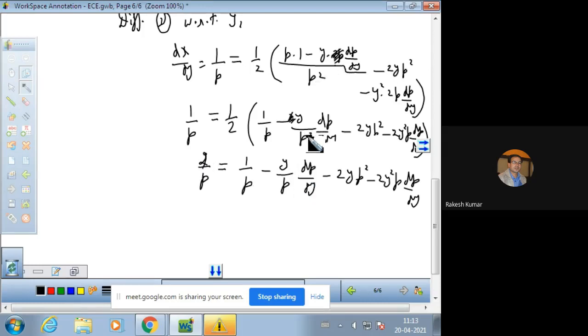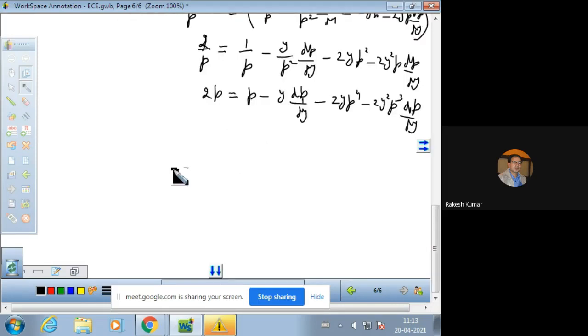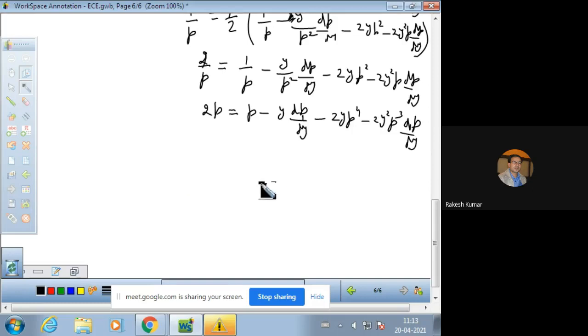sorry, this is p square, this is p square. P square can be taken as LCM, so here it will be 2p is equal to p minus y dp over dy, and that will be minus 2y p to the power 4 minus 2y square p cube dp over dy. P square will be taken as LCM, so you will have this term.